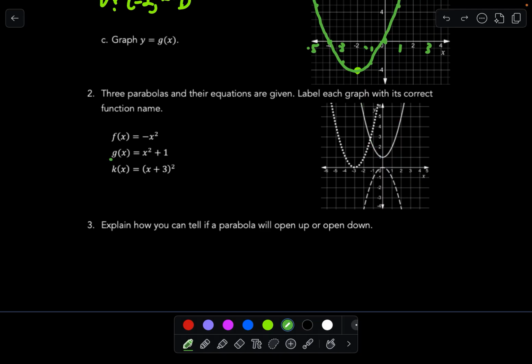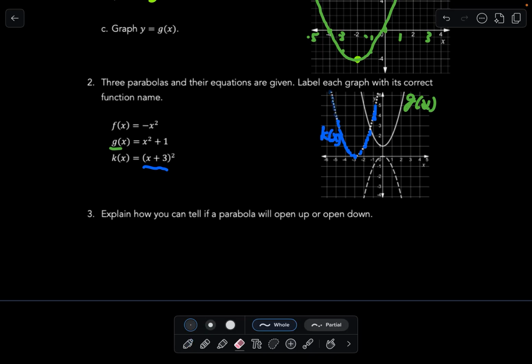So that must be g of x. So that's g of x. All right. The next one, let's see. This dashed one is shifted to the left 3. So we know that's got to be k of x because that's x plus 3 squared. So this is k of x.